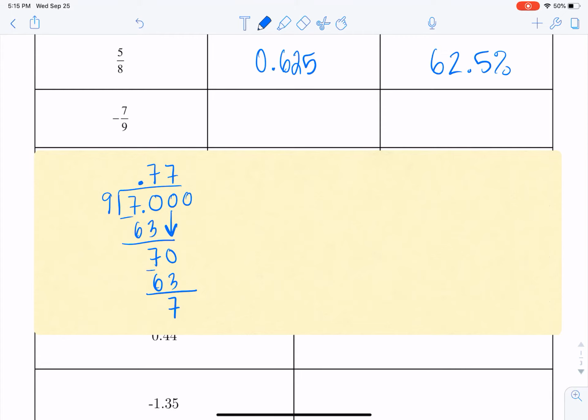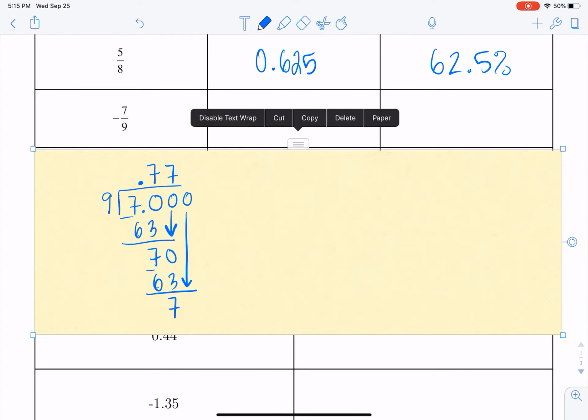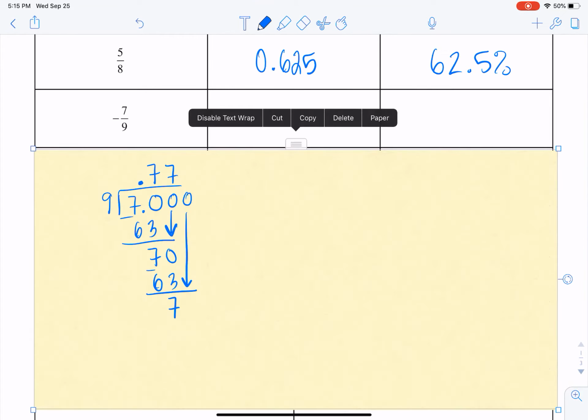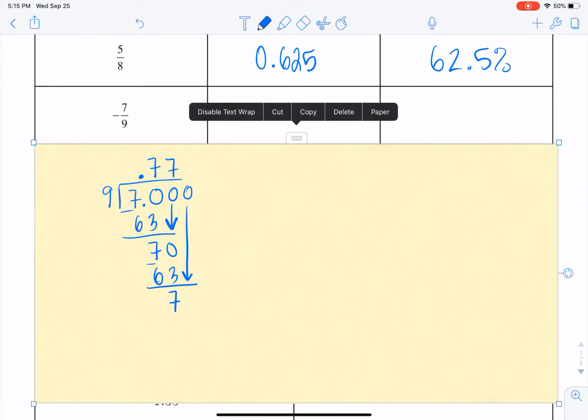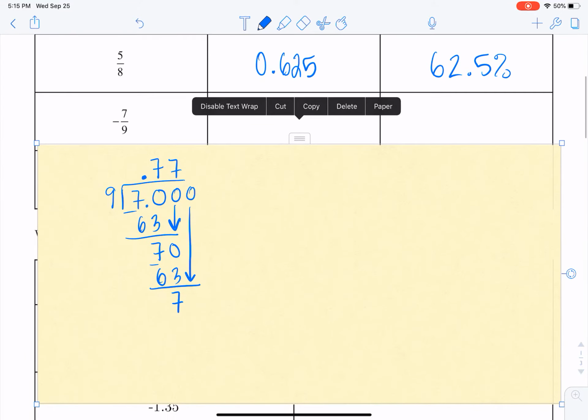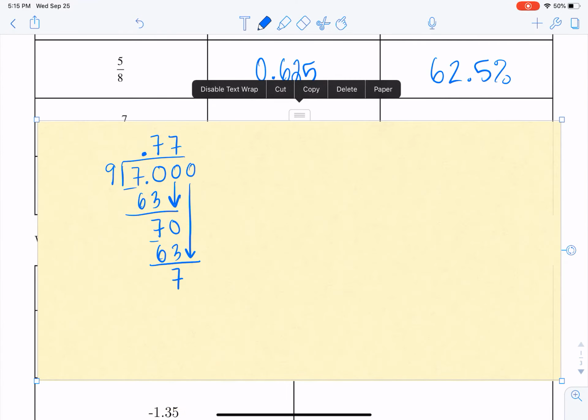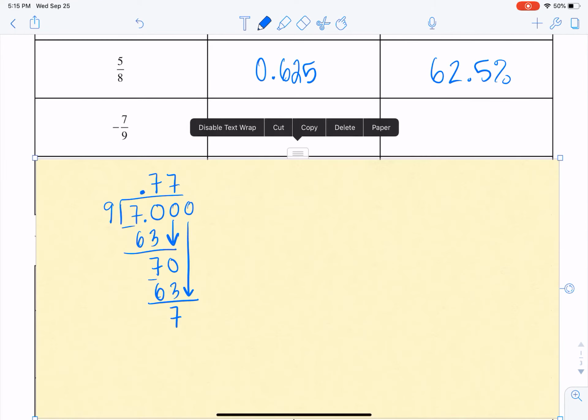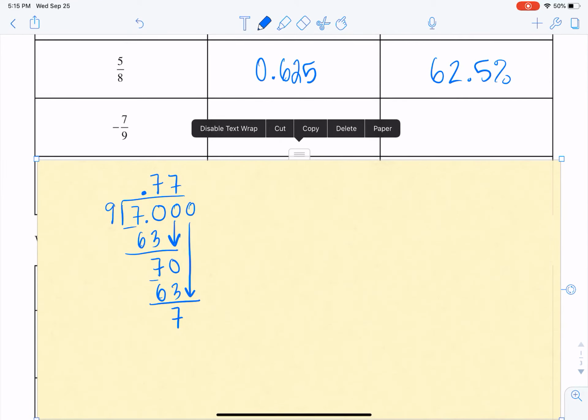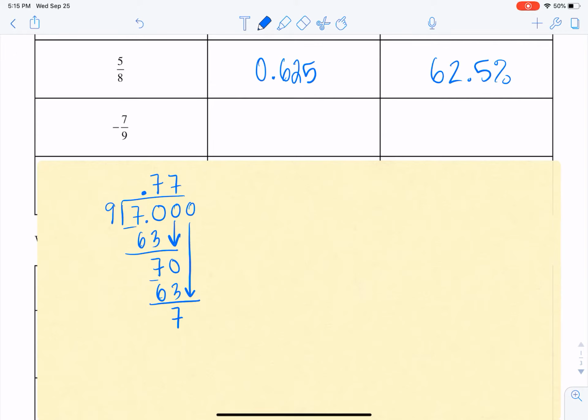Subtract, that gives me 7. Bring down another 0. I'm hoping we're able to see what's happening here. I bring down my 0 and add another 7 up here. This 7 is just going to keep repeating and repeating no matter what. So this is a repeating decimal.